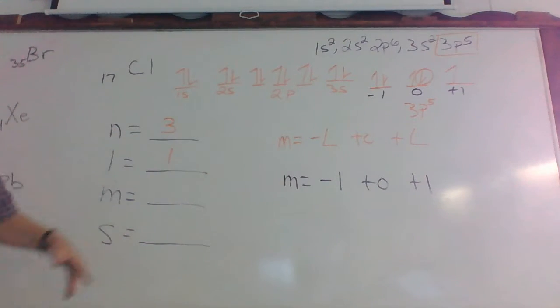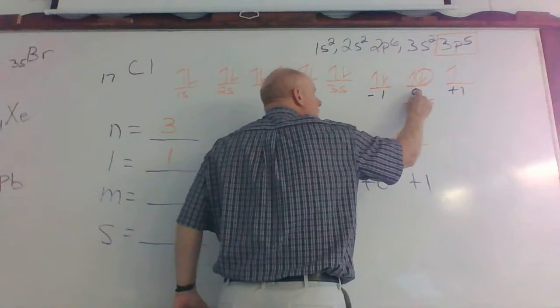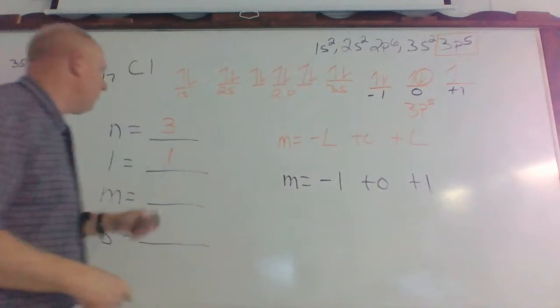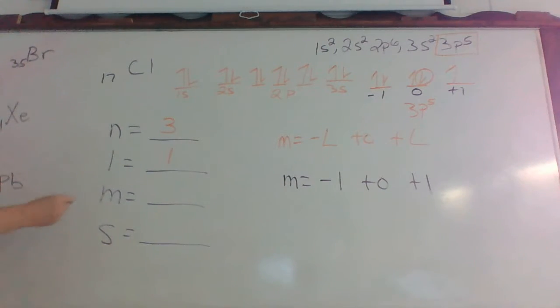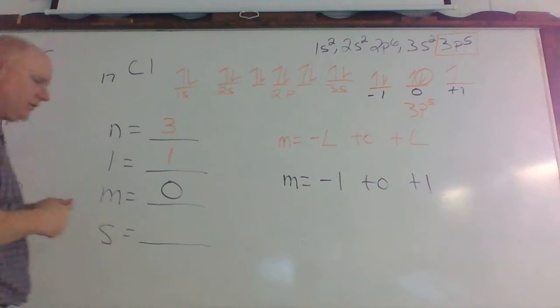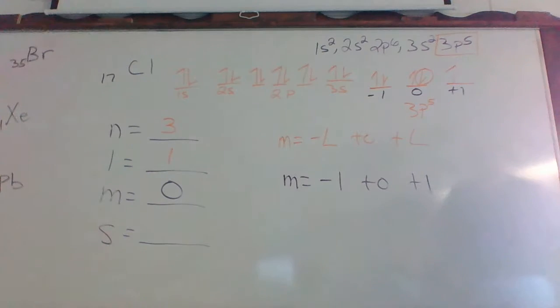Okay? So the reason I circled this, why do you suppose I circled that and there's a 0 here? What do you suppose I'm going to put in for M? 0. And then finally the spin is positive half or negative 1/2. It's going to be negative, because if it's pointing up, we say thumbs up. That's a positive 1/2. But if it's pointing down, we say boo.